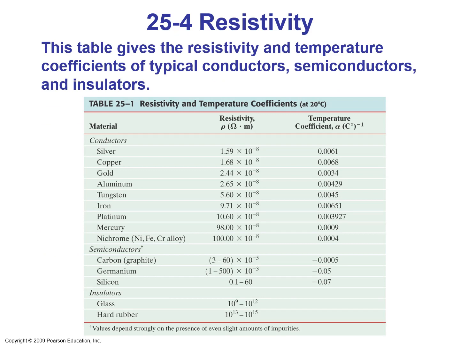So for good conductors like silver and copper, we have low resistivity, as low as 1.5, 1.6-ish times 10 to the power minus 8, all the way to semiconductors and insulators like glass, for example, where we have high resistivity of 10 to the power 9, all the way up to hard rubber at 10 to the power 15.